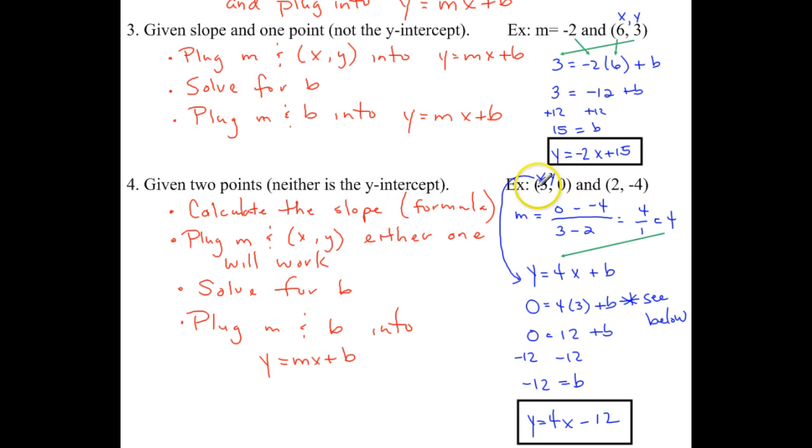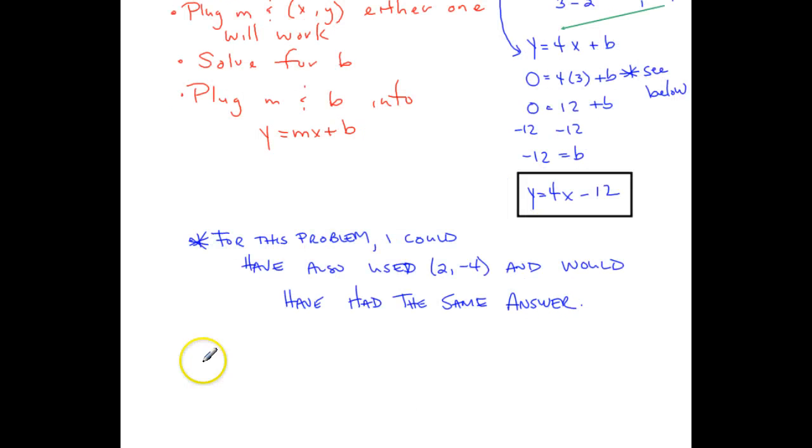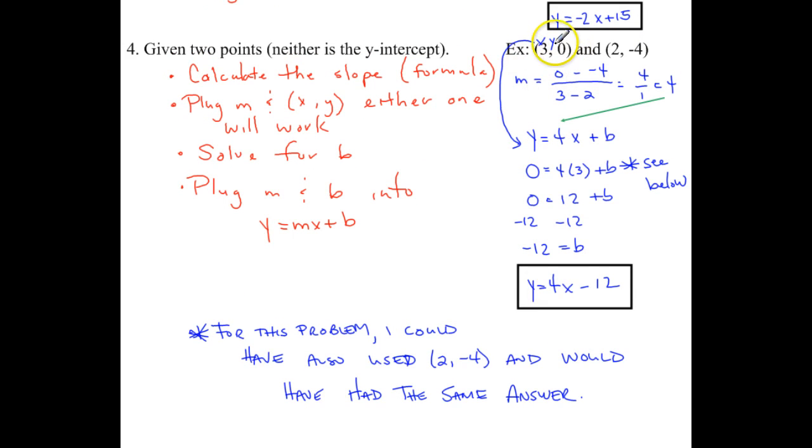This is where I need to calculate the slope, then pick one of the 2 points to plug in and solve for your y-intercept. Here's a quick note for number 4. It did not matter, sorry, let me get that on the screen. It did not matter whether or not I picked the 3, 0 or the 2, -4. I just happened to pick the 3, 0.